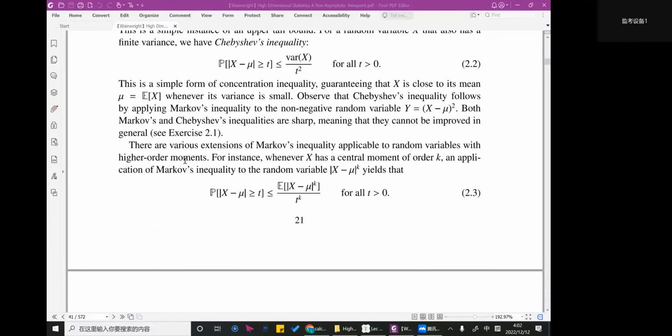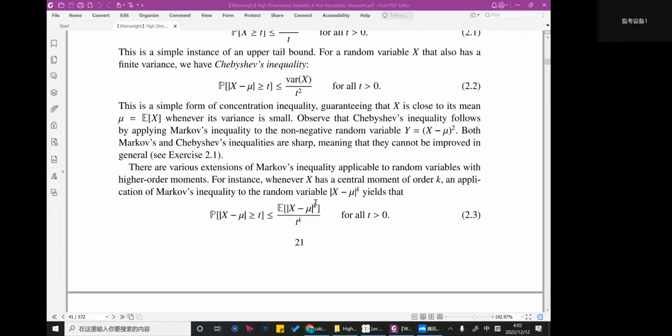And we can make some extensions to the Markov inequality like this. If you apply it to the random variable, the absolute value of x minus mu to the power k, then this inequality comes from that.